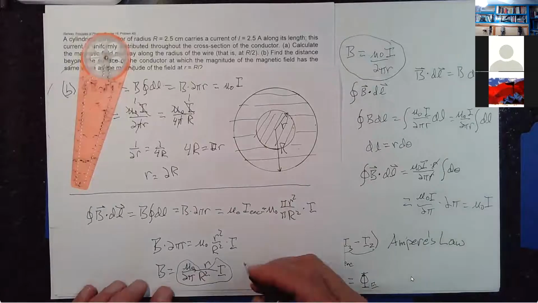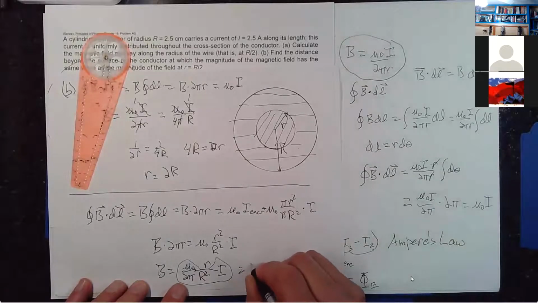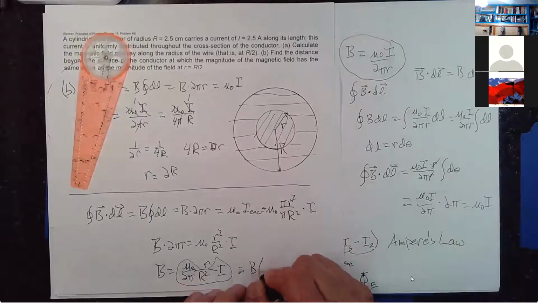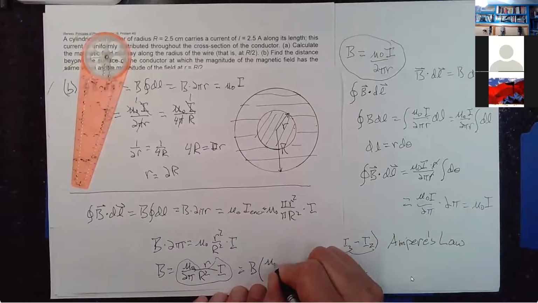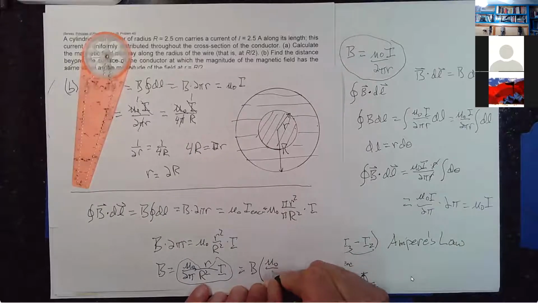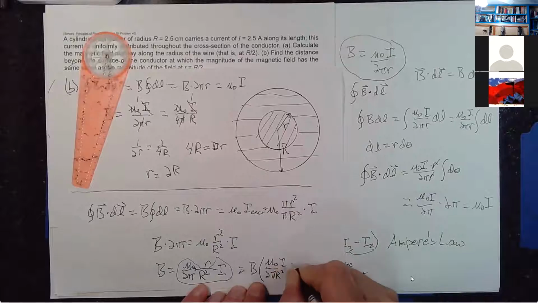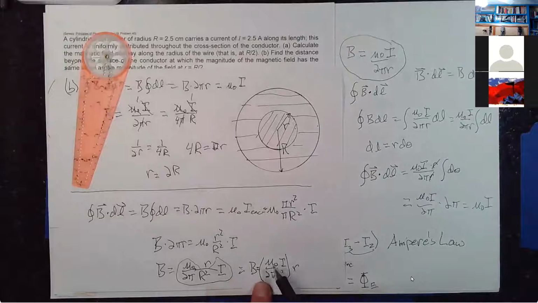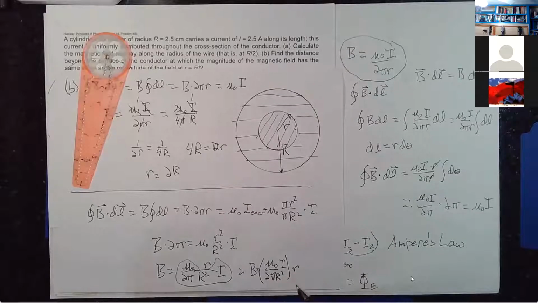And what we see is that the magnetic field within the wire is equal to this constant, which is just a constant for the particular geometry we've got and the current, times r. It's going to be increasing linearly as you go from the center of the wire out.